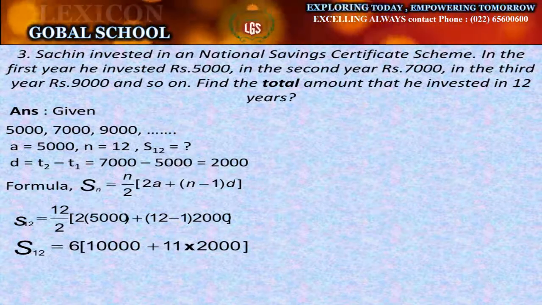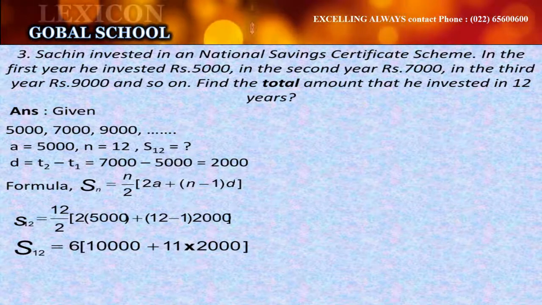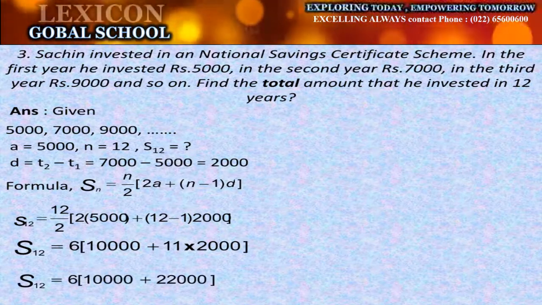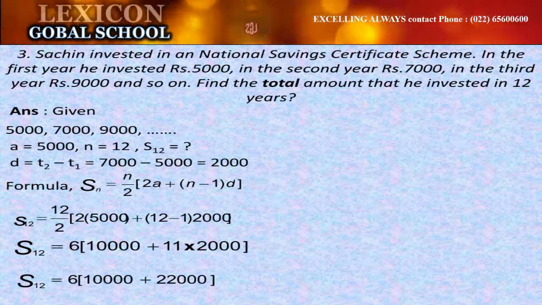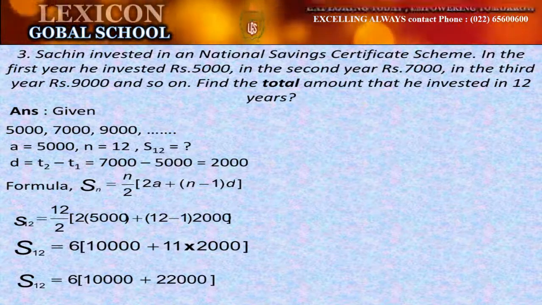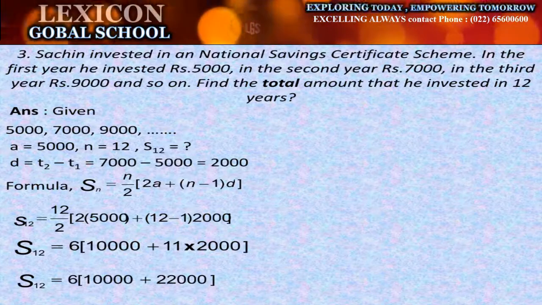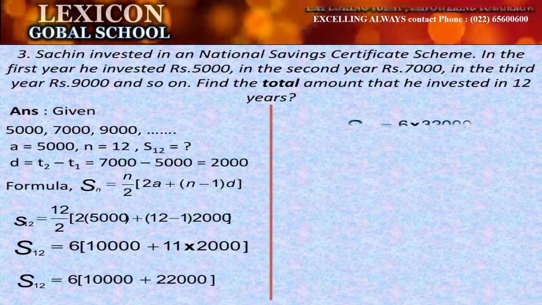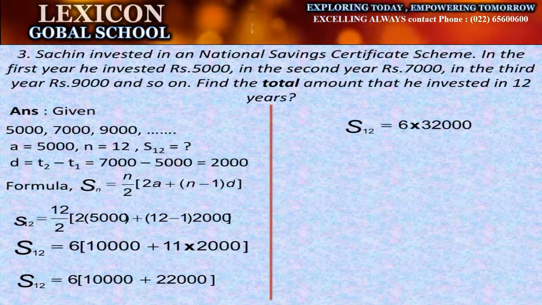S12 is equal to 6, inside the bracket 10,000 plus 11 into 2,000. We'll carry on the multiplication. S12 is equal to 6 inside the bracket 10,000 plus 22,000. When you add up the brackets, you get S12 is equal to 6 into 32,000.